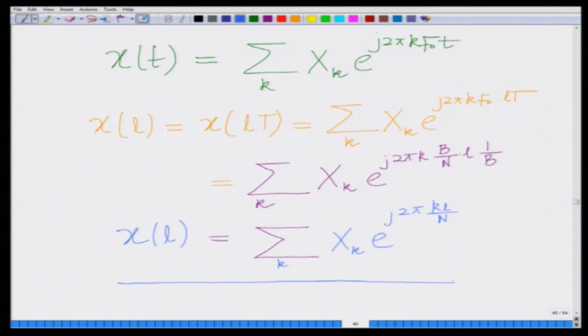So, if you look at this expression, x of L is equal to the summation over k of X k e raised to j 2 pi k L divided by N, and this is exactly the expression for the IDFT.